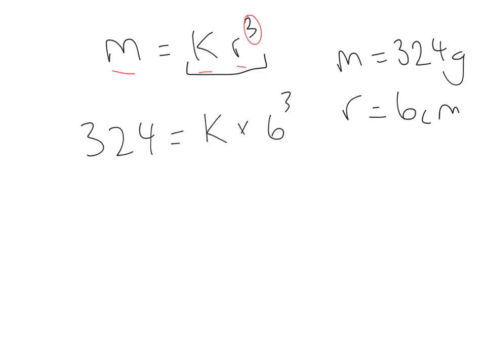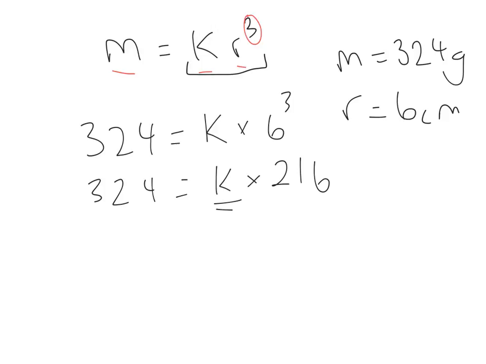We start creating this equation. So 324 equals k times 6 cubed, which is 216, I think.